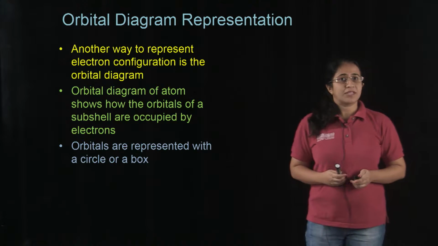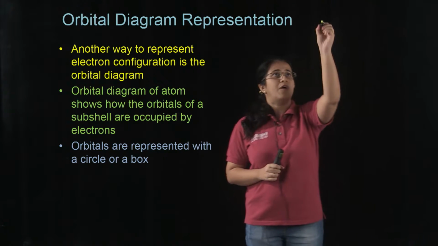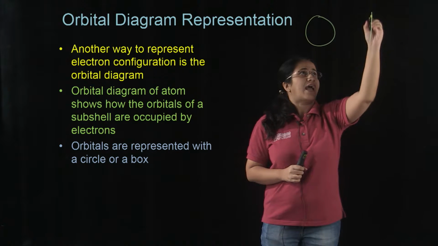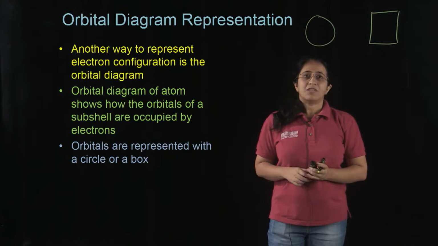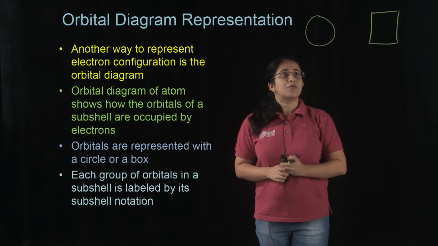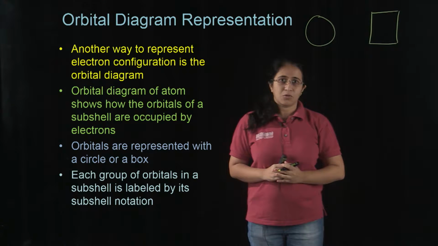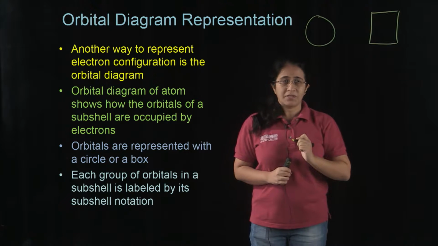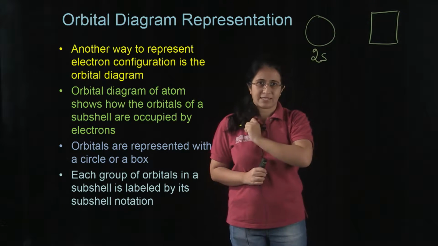Now, how do you represent these orbitals? The atomic orbitals can be represented in the form of a circle or a square. The next thing you have to do is to label these orbitals using the subshell notation. For example, if this circle represents a 2s orbital, you need to label it as 2s.